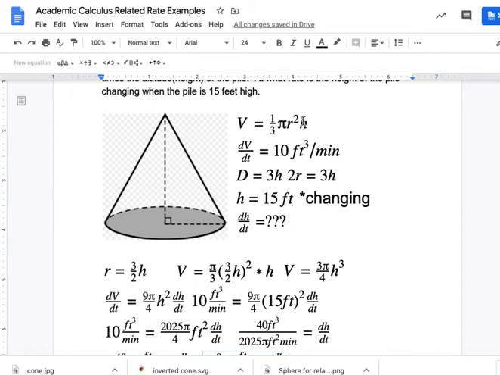The easiest one to eliminate would be h because it doesn't have the square, but if we do that, we're left with r squared, r cubed in the problem, and it's not what we're looking to solve in the end. There are other ways around it. You could certainly take the derivative of this equation, 2r equals 3h, and say 2 dr dt equals 3 dH dt, and then you'd be able to solve that equivalence and plug in for your dr dt's or dH dt's either way. That certainly could work, but I think that's an extra step.